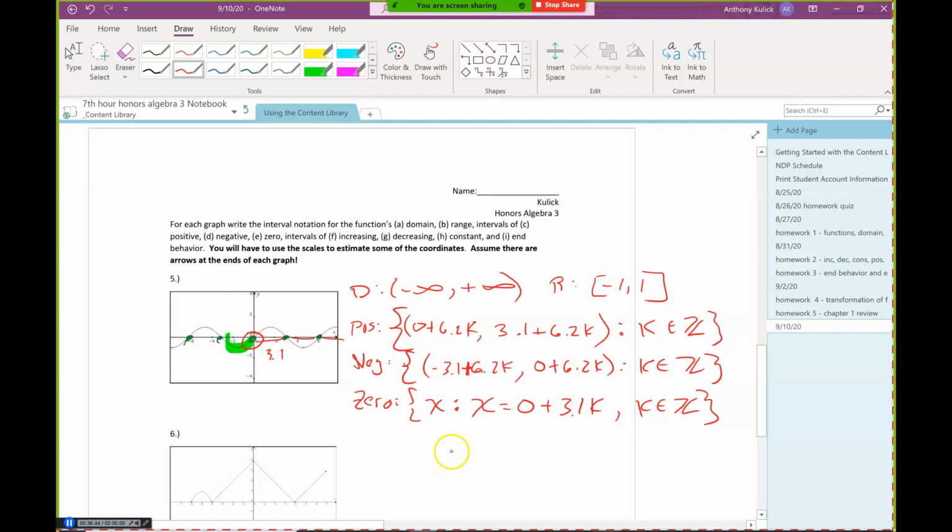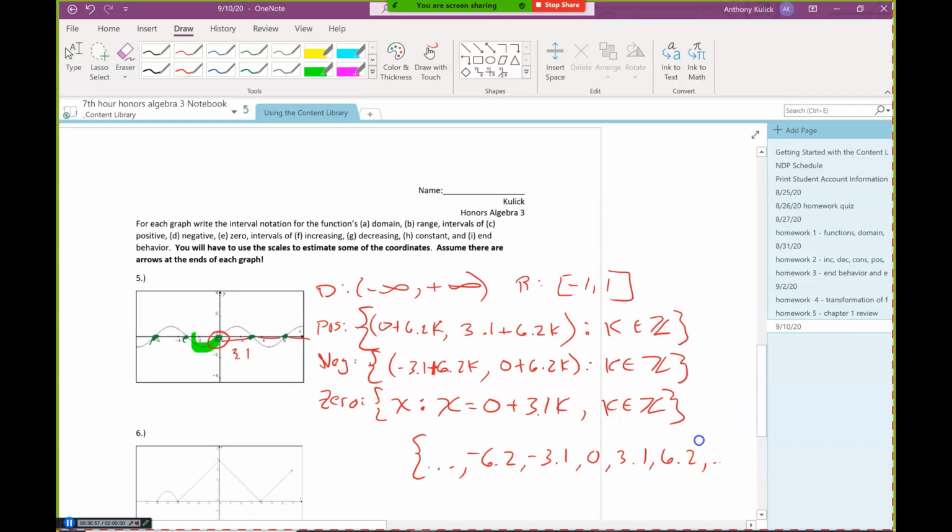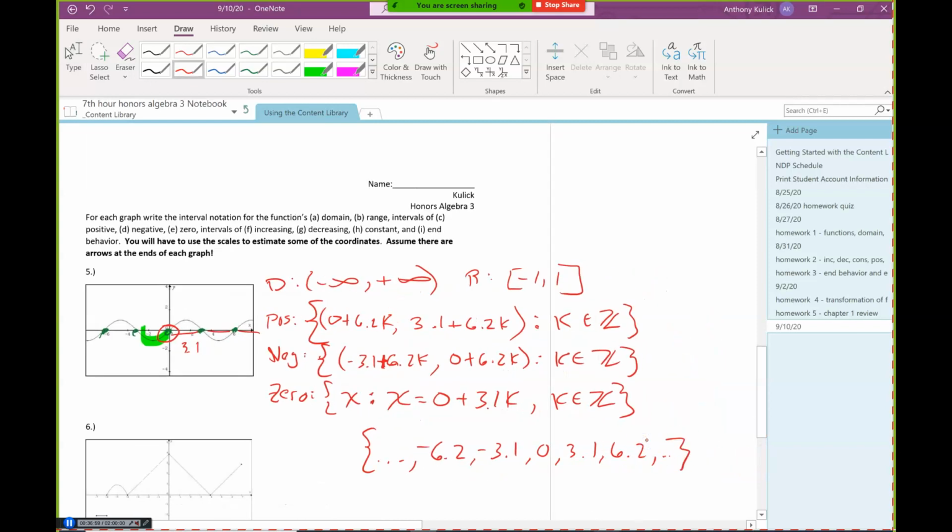So here's what I would say, Mackenzie. If you did say like ... negative 6.2, negative 3.1, 0, 3.1, 6.2, ... like that, I would probably have marked that right, because that's really what's going on.